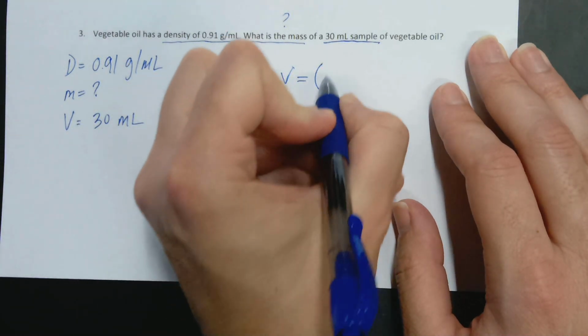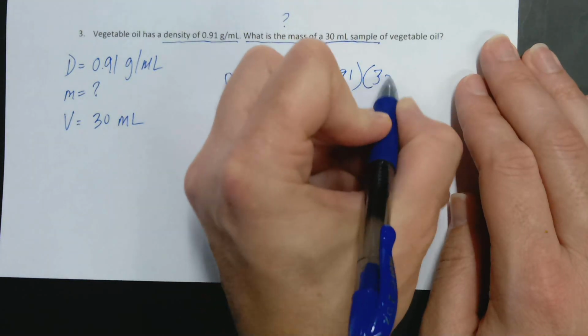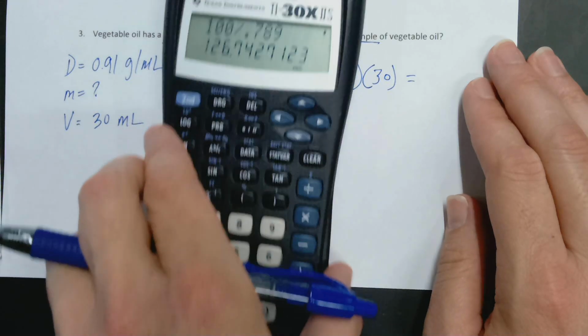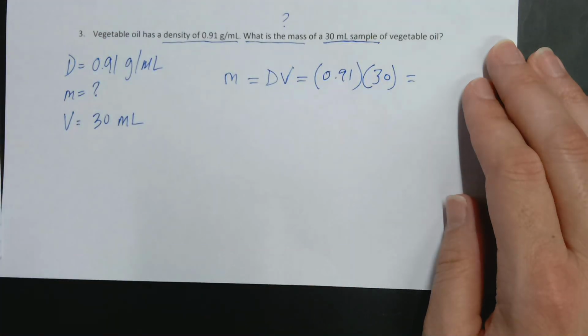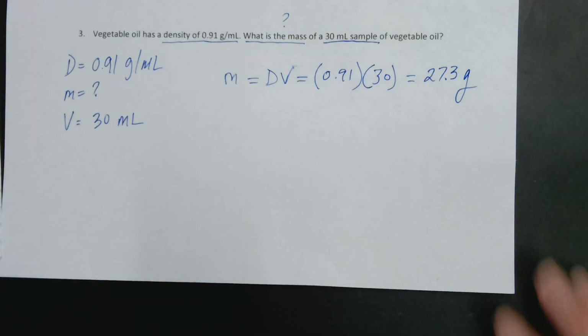Our density is 0.91, and our volume is 30. So I'm going to multiply 0.91 times 30 right here. That's 27.3. Because I'm doing mass, I know that's going to be grams.